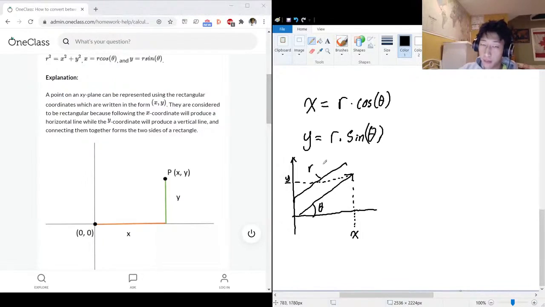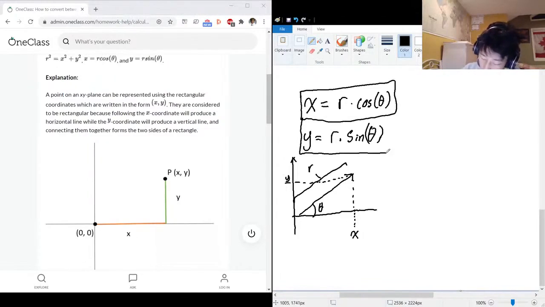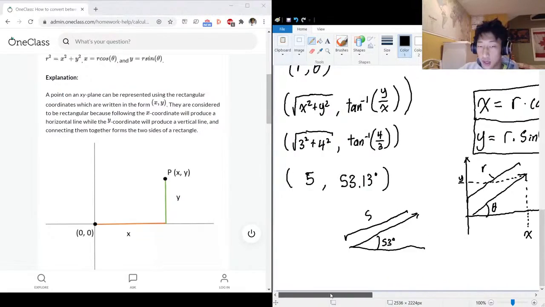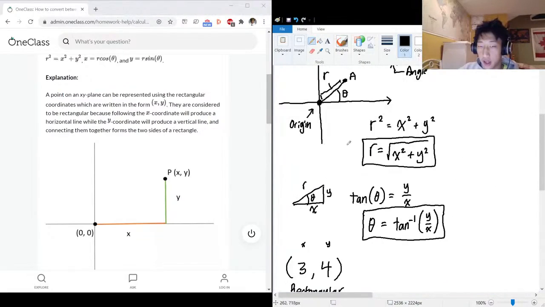We multiply it by the actual value of the hypotenuse, and we will calculate y. So these are also key equations if we want to go between polar and rectangular, these two equations, as well as these two equations.